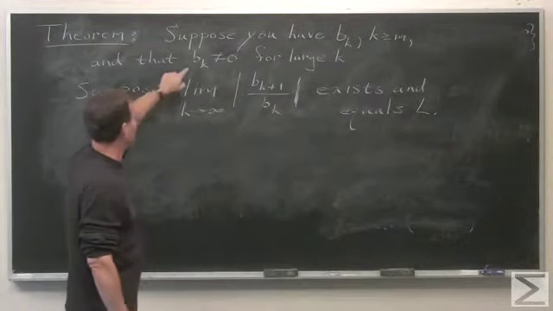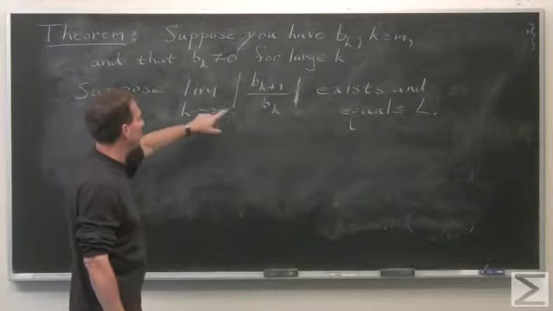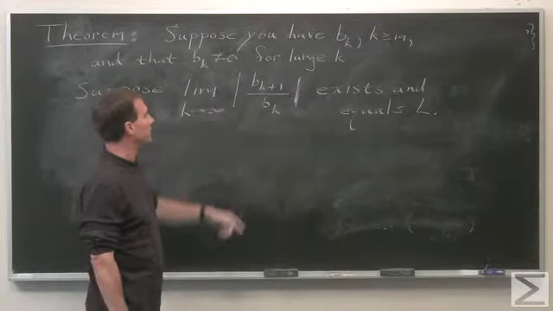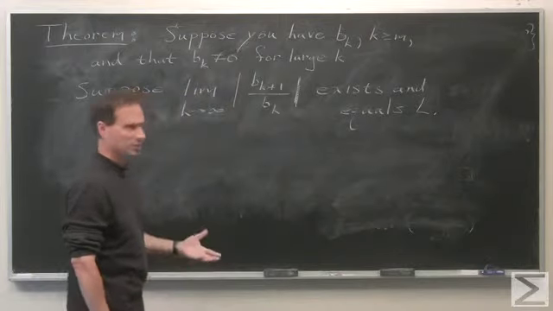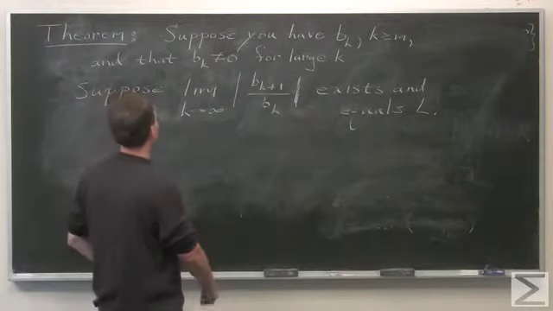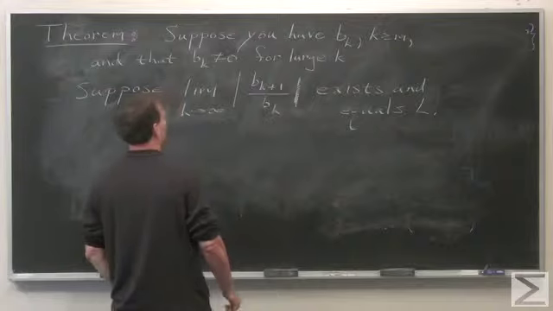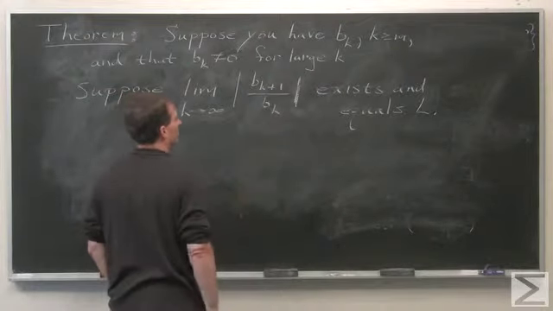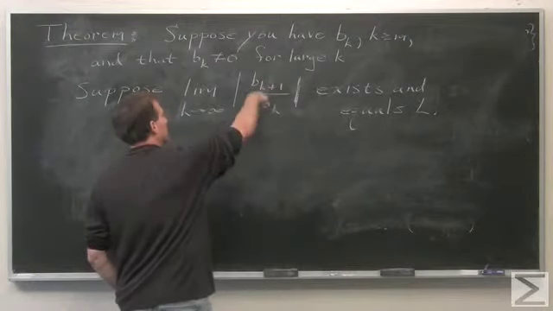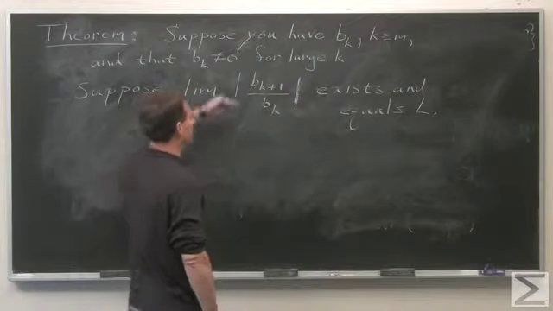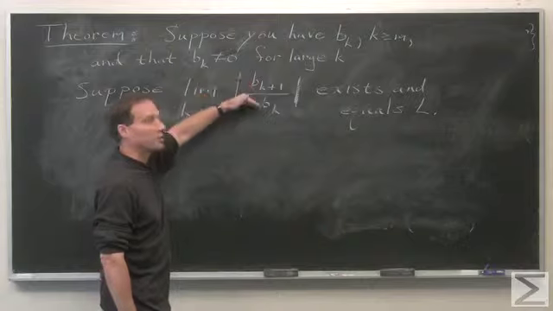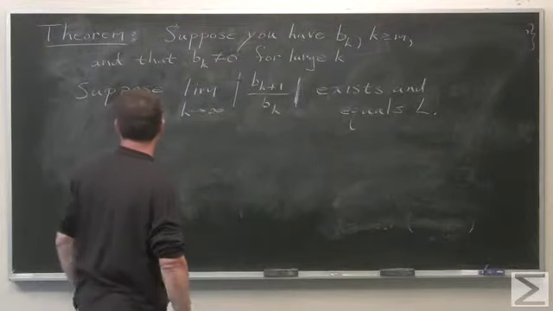I don't want them to be 0 when k is large because I want this limit to exist. So in fact, I could leave this out and just say this limit exists, which in particular means this ratio is defined. This is called the ratio test because this is the ratio of the next term in a sequence and the term before it. Exists and equals L.